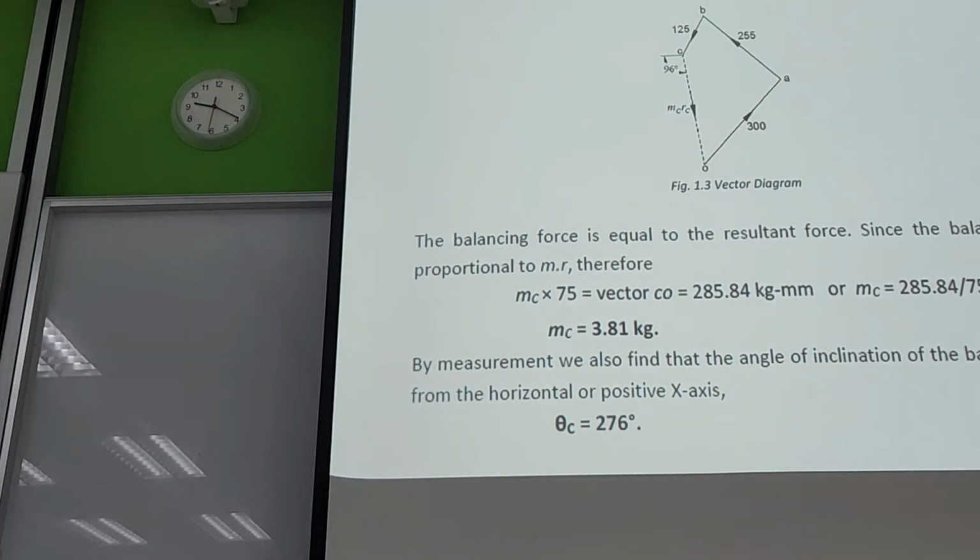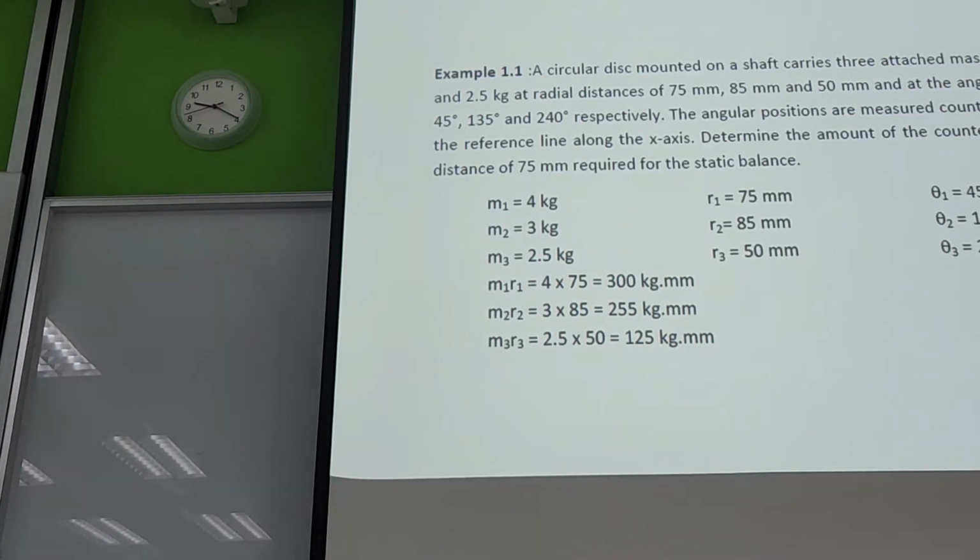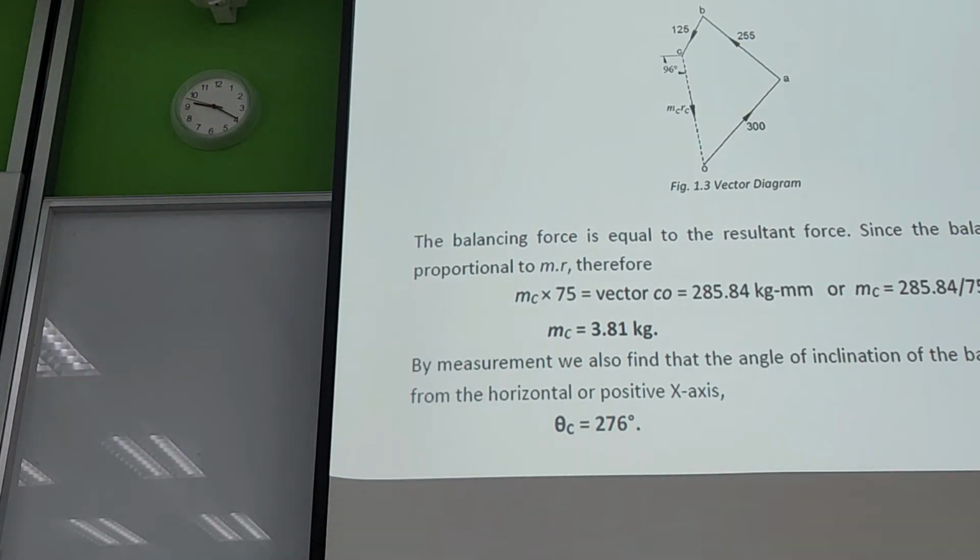So you can see this is 300, whatever the scale it may be. Now this length represents 255. But at an angle you need to plot based on the orientation scale. So then this length is only 185. So this is force 1 plus force 2 plus force 3, then force 4.